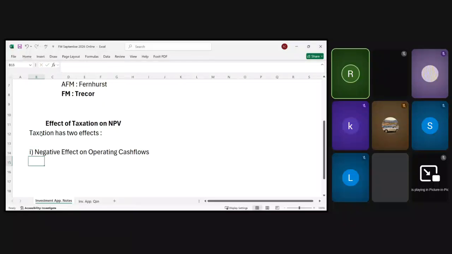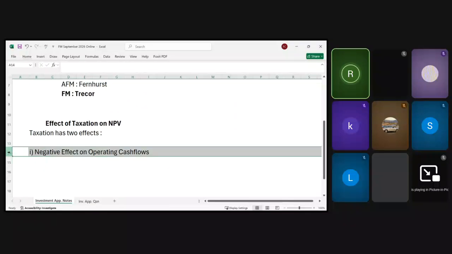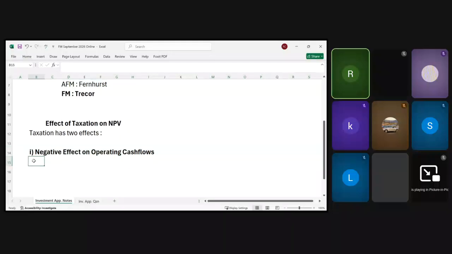This is what we call tax payable. So the negative effect is tax payable. That's number one.